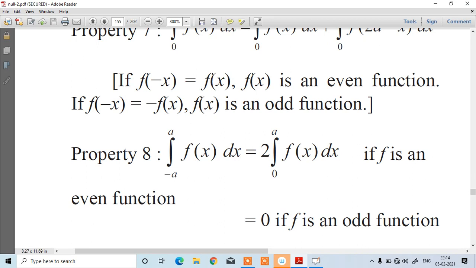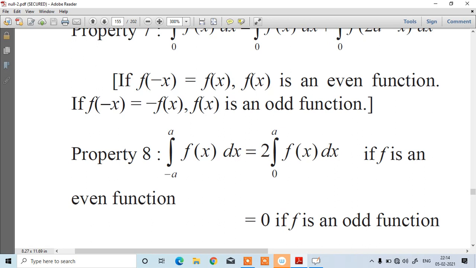Means if you have an integration like this, from minus a to a, you check whether f of x is even or odd. If f of x is an even function, then that integration can be converted into 2 times integration 0 to a f of x dx, remember.